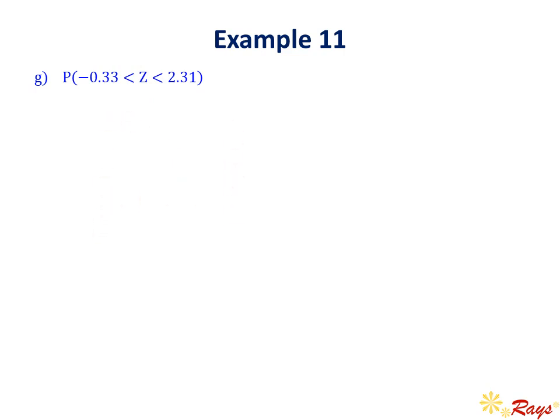It's actually a crossover from the left hand tail towards the right hand tail. So how do we find the probability for this? It will be easier if we take the area of the whole thing minus this area and minus this smaller area here. If we do so, then what we have left is this area.